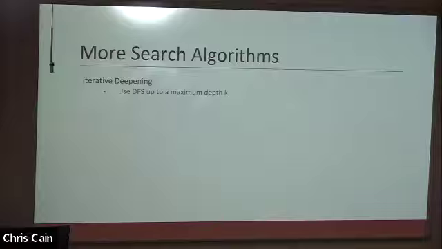Iterative deepening just says, let's use depth first search, but only up to a maximum depth. Why would you care to cut off the distance that depth first search can look?